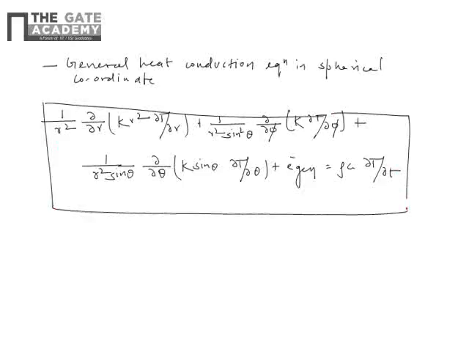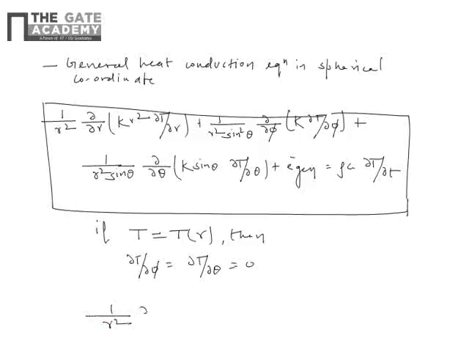If temperature is only a function of r, then del T upon del phi is equal to del T upon del theta is equal to 0. So, the general heat conduction equation reduces to 1 by r square del upon del r k r square del T upon del r plus E dot gen is equal to rho c del T upon del t.